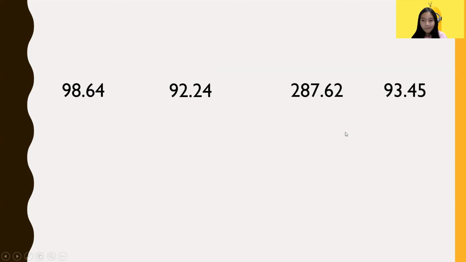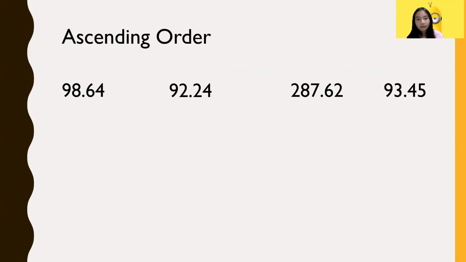Okay. Ascending order. Which one comes first? Ascending is from lowest to greatest. Ascending, going up. 87.62. 92.24.